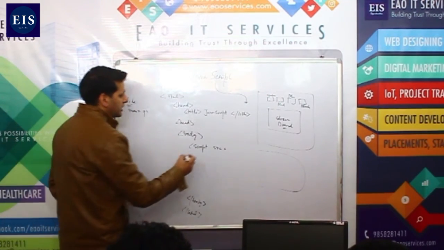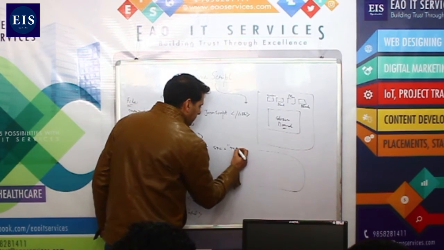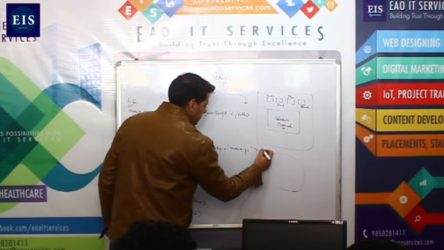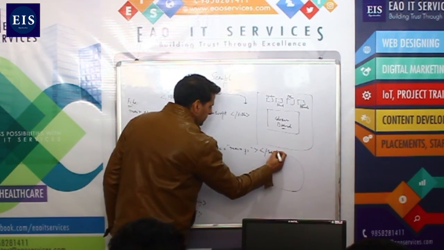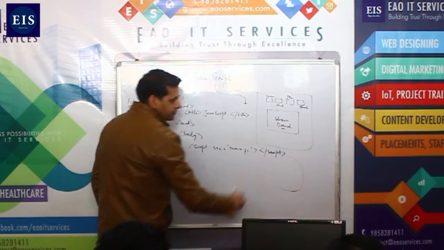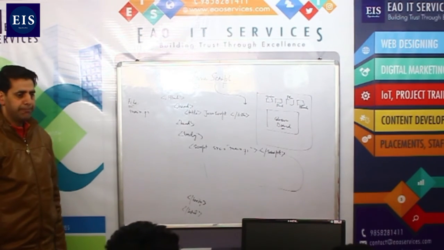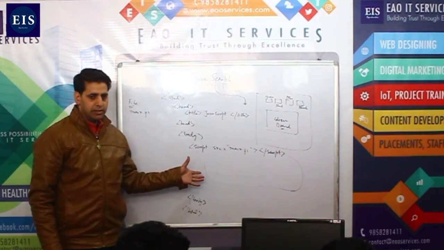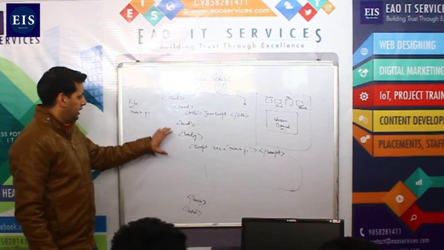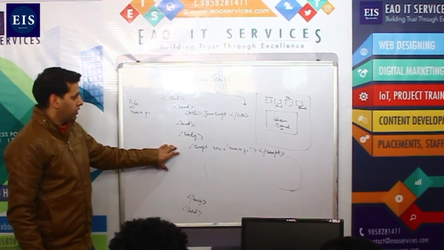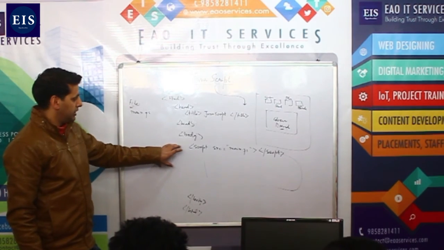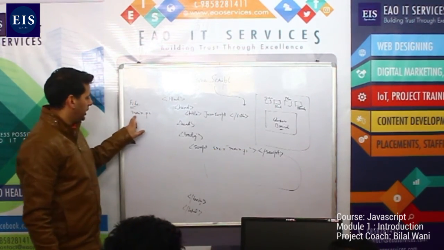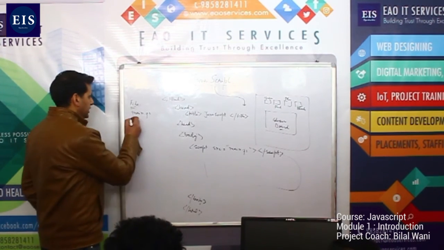Suppose it's the same directory, main.js, and you close the script. Perfect? Yes, sir. Now what happens, as we understand, when you load an HTML document, it comes here, calls the main.js. Main.js will actually execute whatever is the content here.